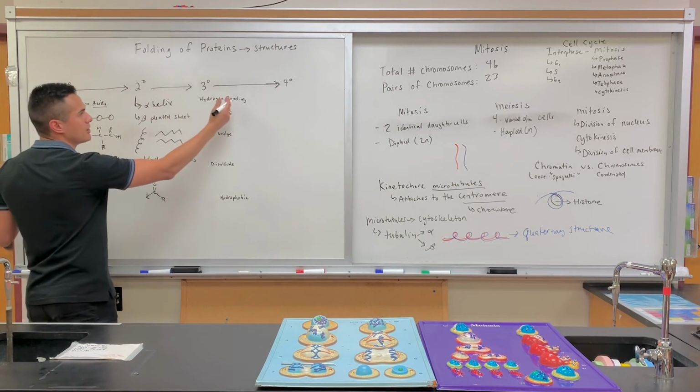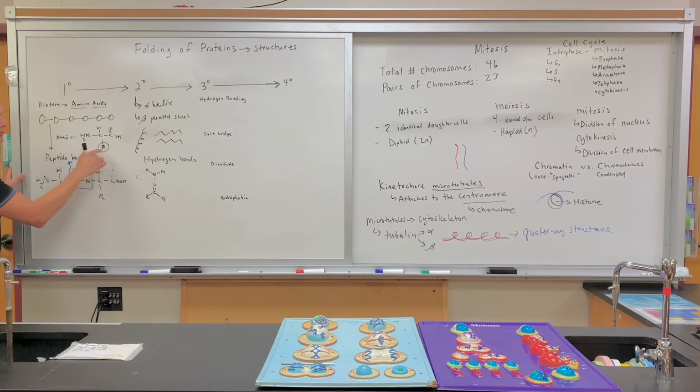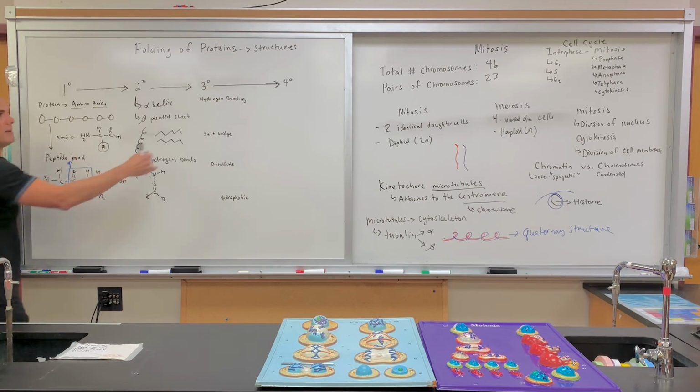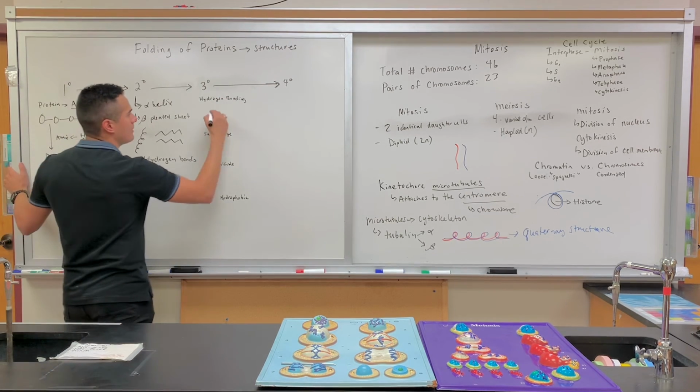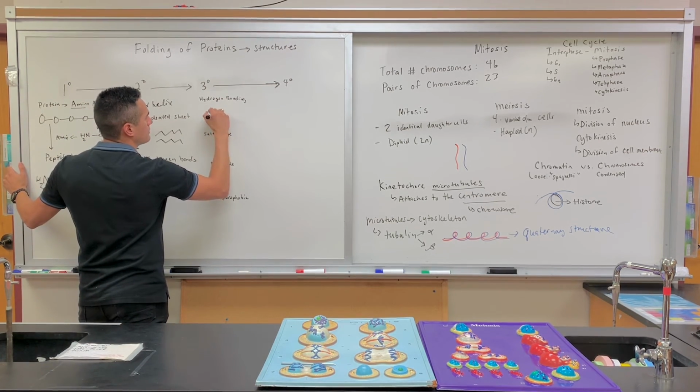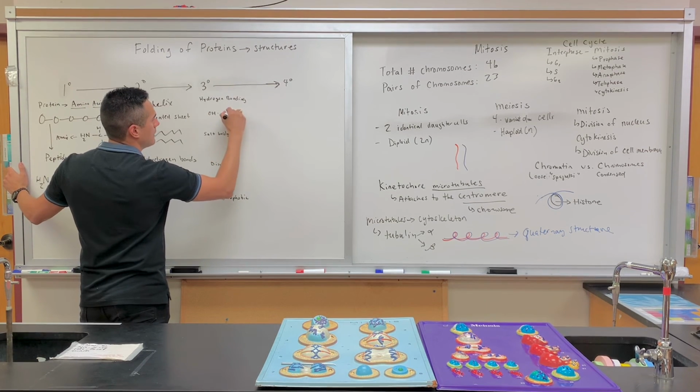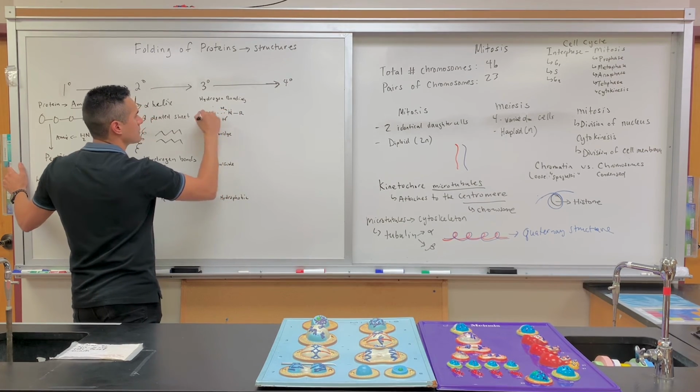But once we get to the tertiary structure, I mentioned these R groups. These R groups are going to determine how the protein behaves once we get to the tertiary structure. So with hydrogen bonding, we can get our OH here, so the hydrogen would be positive, and then I can have my amine group here. This is an R group, this is an R group.